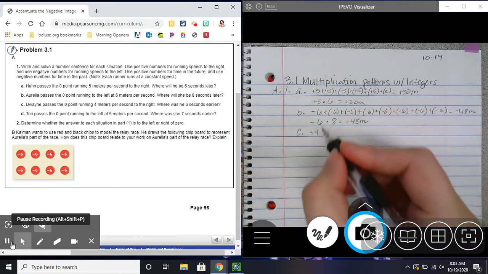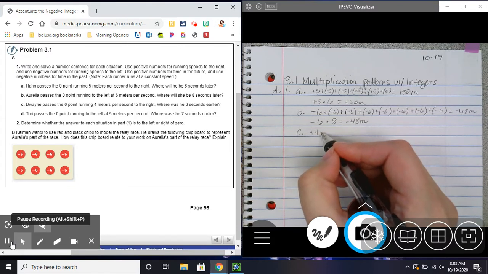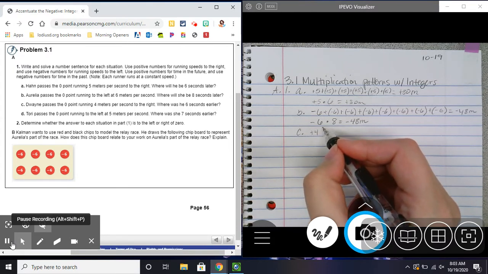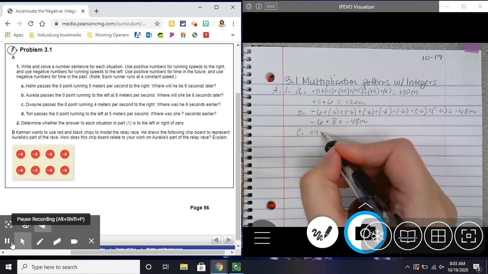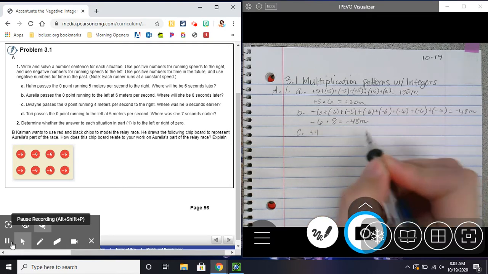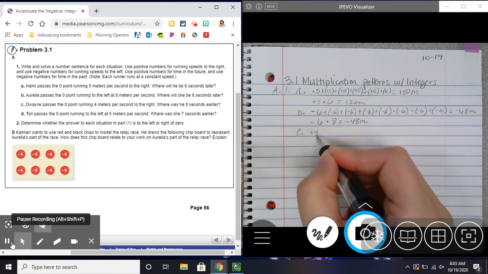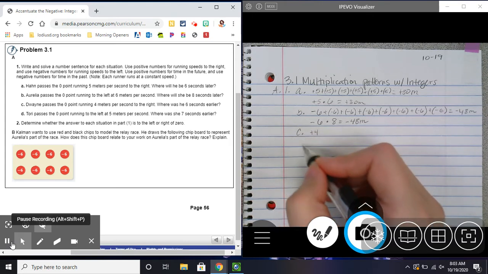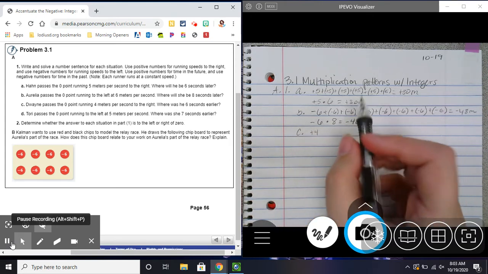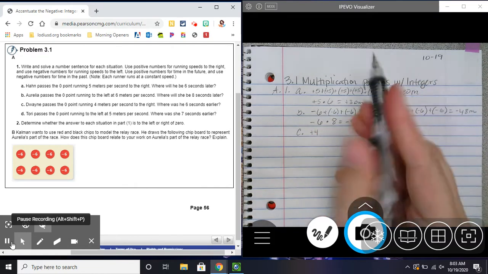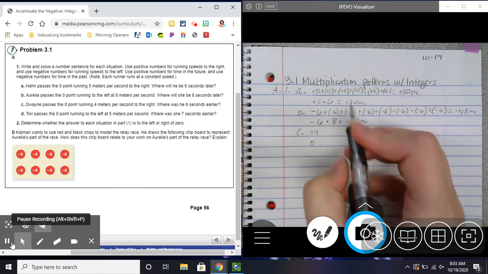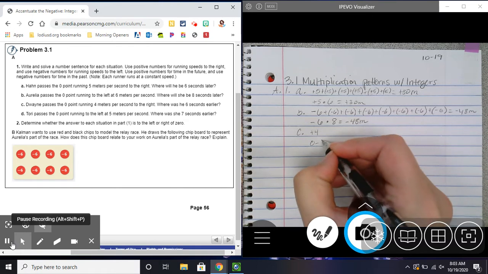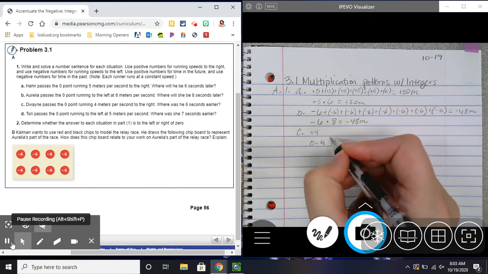So basically, you have to think about directionality here. They're starting at 0 and running to the right, but they're asking where they were before that period of time, so you're going back in time. You are starting at 0 and going back in time for 6 seconds earlier.